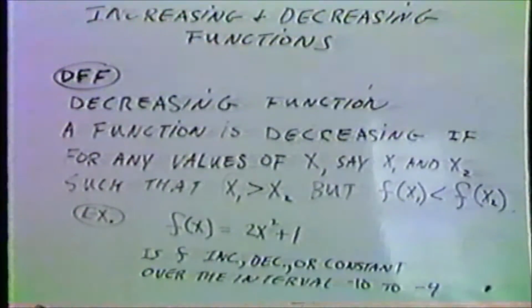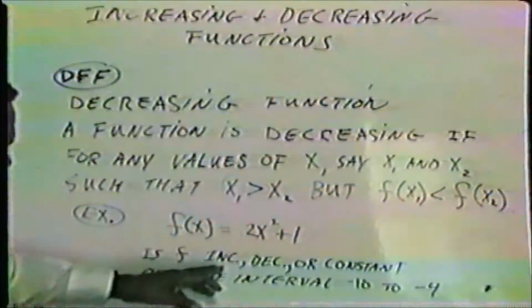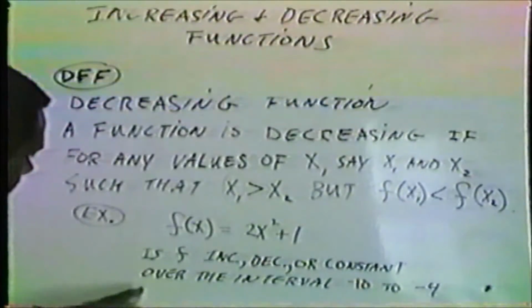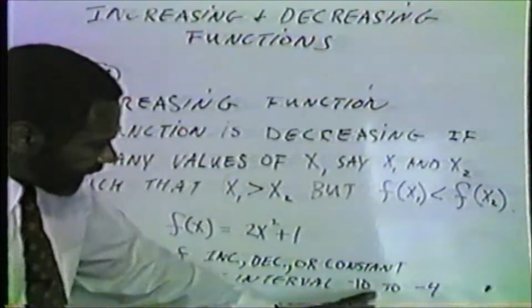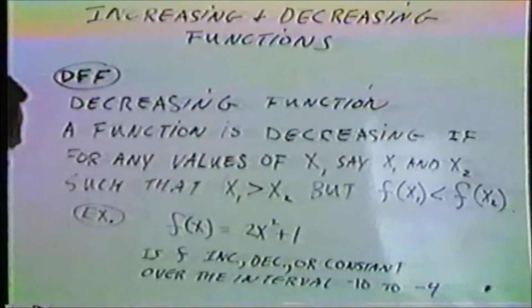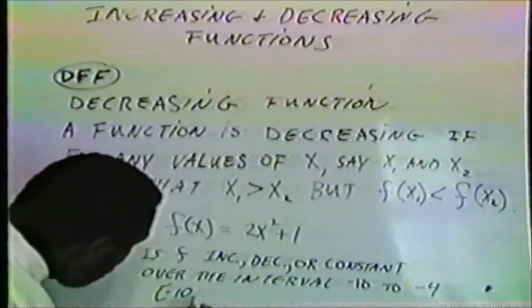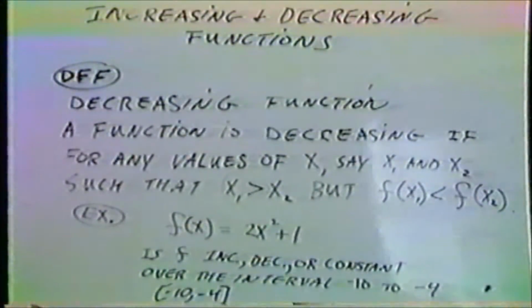We want to find out whether or not f is increasing, decreasing, or remaining the same, constant, over the interval from negative 10 to negative 4. So this is the interval that we're looking at, negative 10 to negative 4. We want to know whether it is increasing or decreasing over that interval.